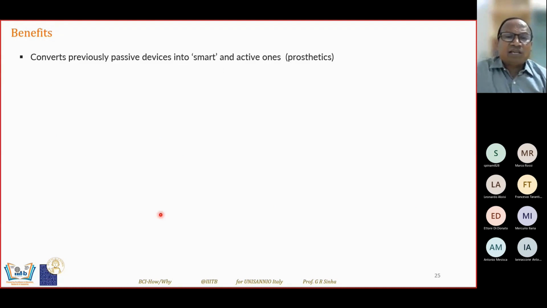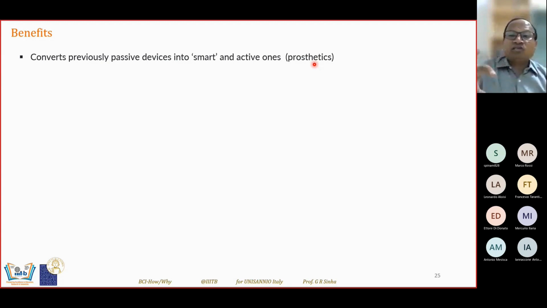It converts previously passive devices into smart and active ones. I told you that rehabilitation is possible, regaining is possible. Those devices are the components or organs which were not functioning properly, and are now acting like smart and active devices, a kind of prosthetics, where prosthetic arms and prosthetic legs are developed.